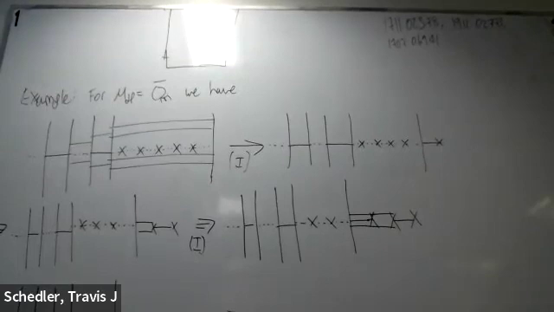For mirror pairs, you can count dimensions, because the Coulomb branch dimension you can find quite simply, but the Higgs branch dimension is more complicated. We had the formula for that as well. Just the dimension.